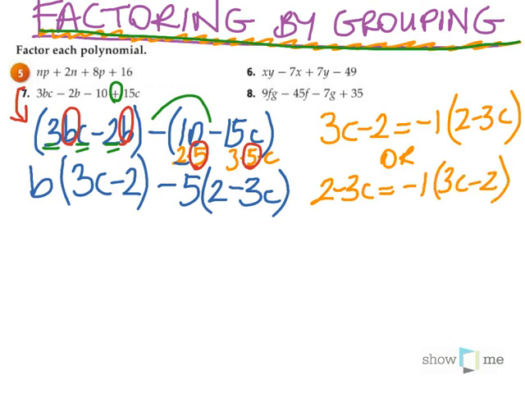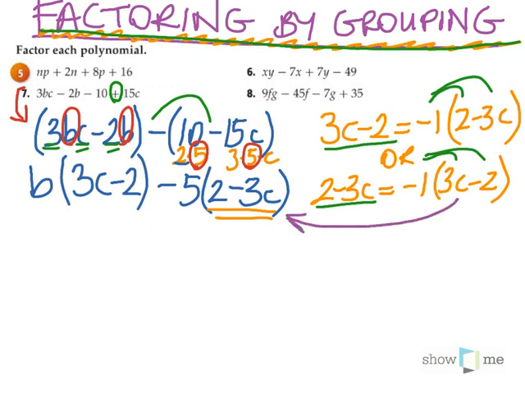Now, if you expand the brackets here, you get 3c minus 2. If you expand the brackets here, you get 2 minus 3c. Now, instead of 2 minus 3c, I'm going to use this expression, minus 1 times 3c minus 2. So it will be like this.